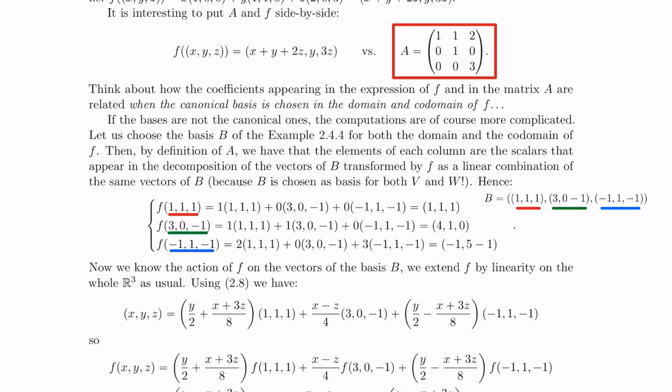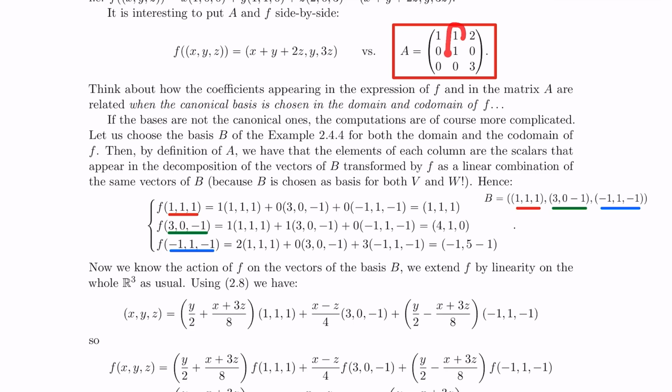The entries of the first column of A, in this case, will be composed by the coefficients of the expansion over the basis B of the vector f of (1, 1, 1). Why that? Because this is the first vector of the basis B, as I recall here.